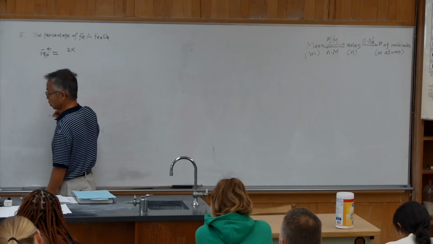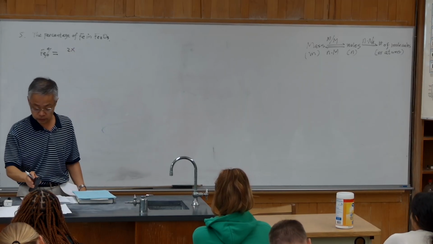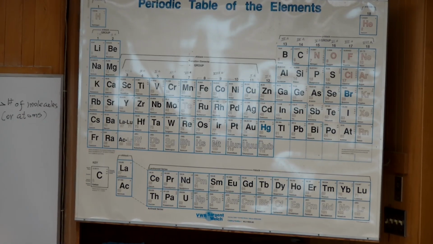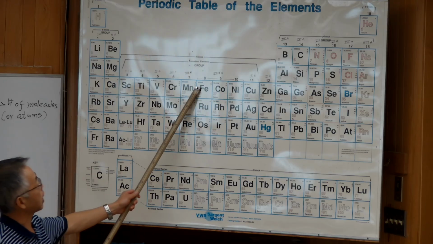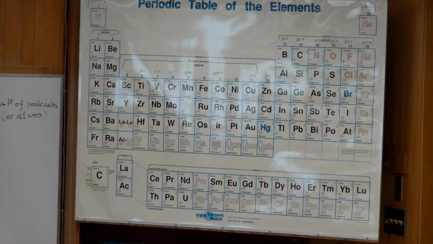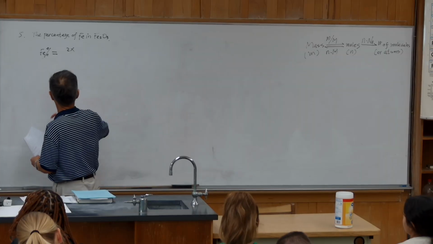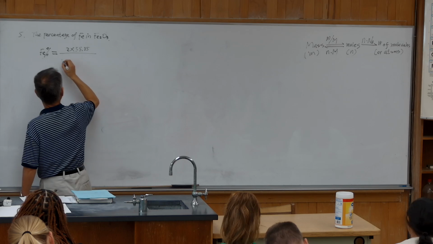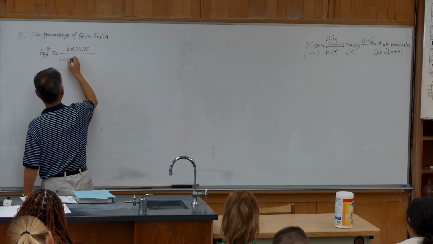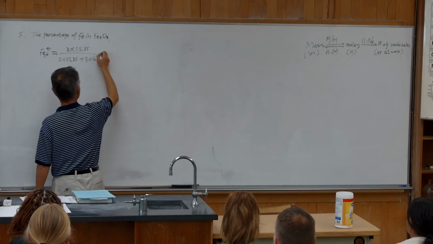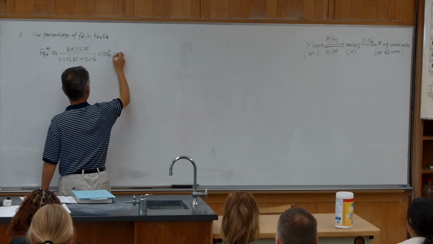From the periodic table, the mass number of Fe is 55.85, and O is 16. So the numerator is 2 times 55.85. The denominator is 2 Fe plus 3 oxygen, each oxygen 16, times 100%.